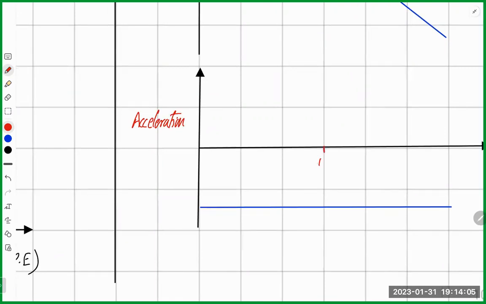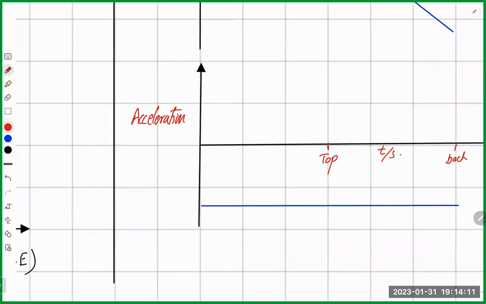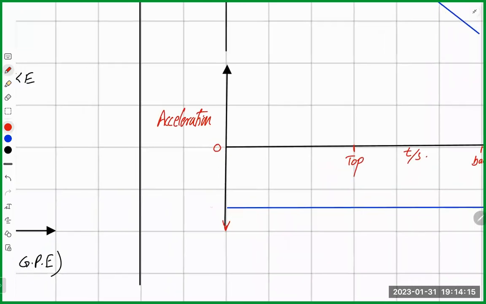So this is the top, this is back, this is time in seconds, this is the origin, and this will be negative g, or negative 9.81 meters per second squared.